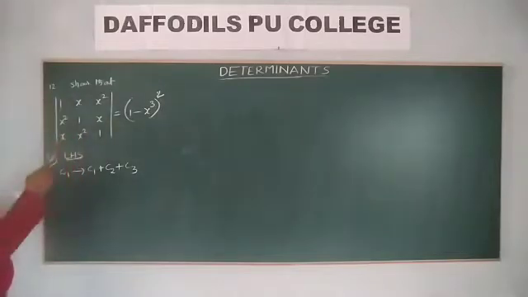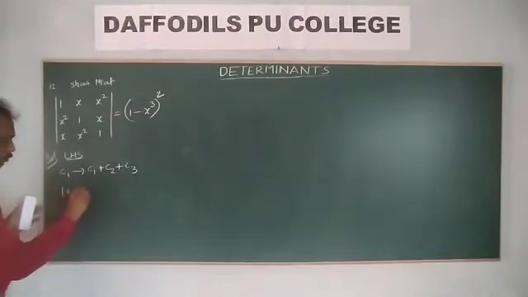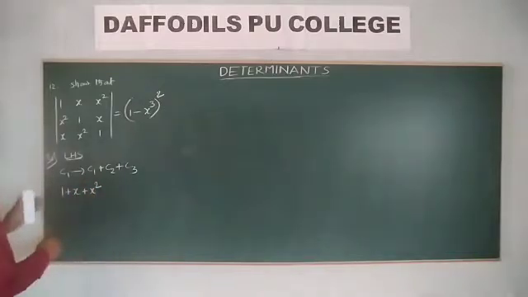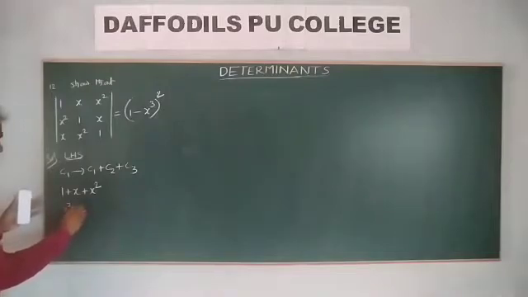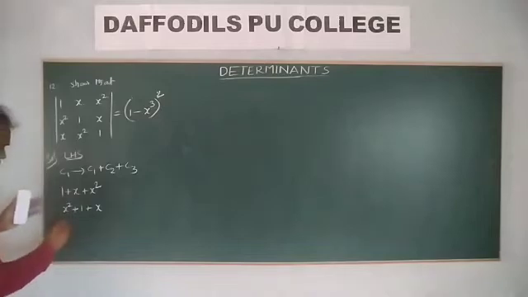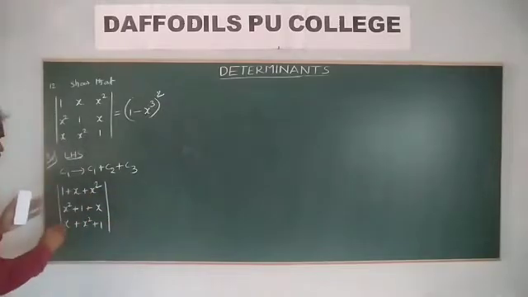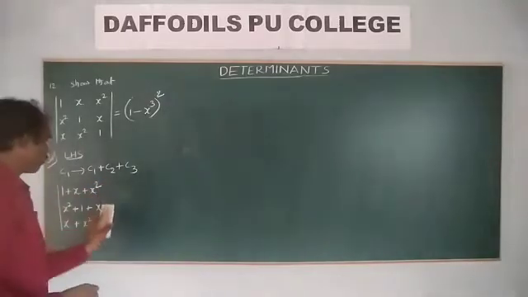So write the first column: 1 plus x plus x square, next x square plus 1 plus x, next x plus x square plus 1. This is the first column.